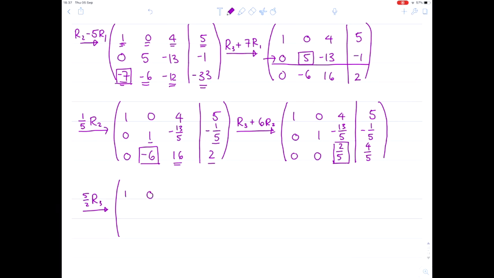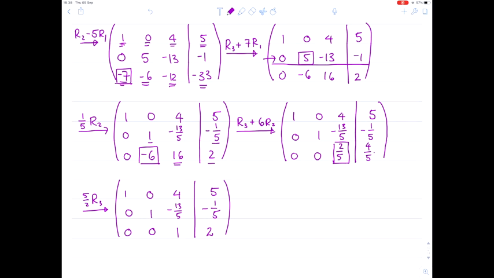So not changing our first row, not changing our second row, and our third row is going to be 2/5 times 5 over 2, and here we've got 4/5 times 5 over 2, which is just 2. So things are looking pretty good.